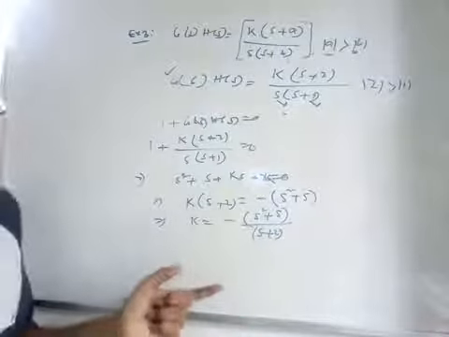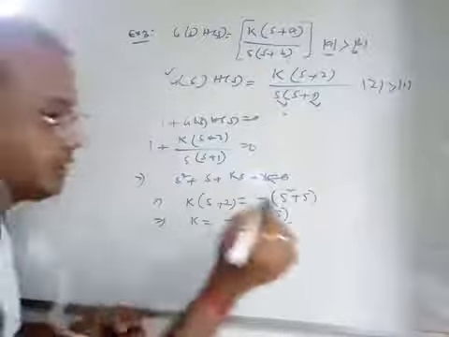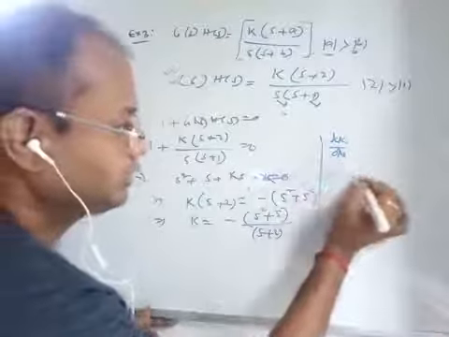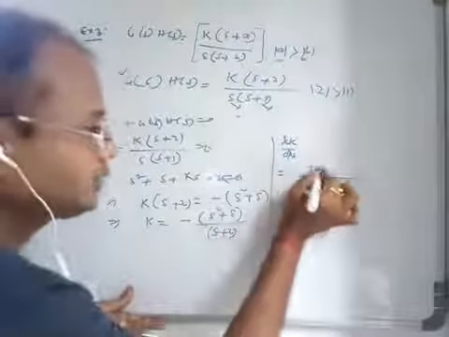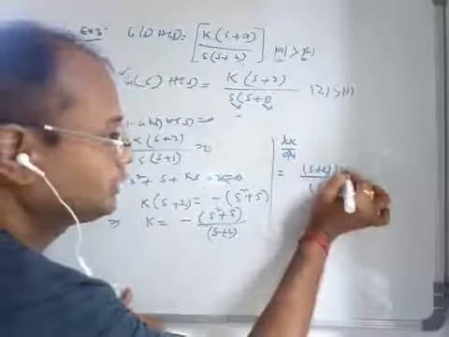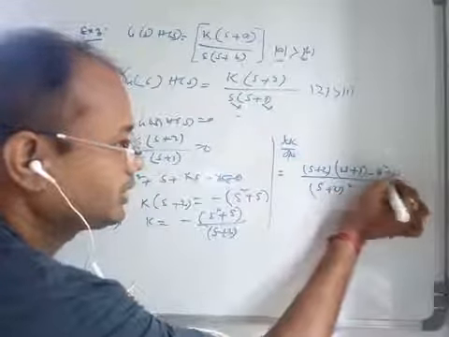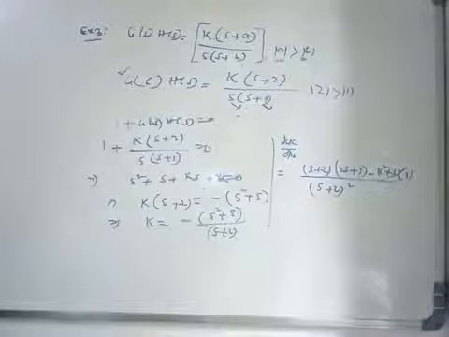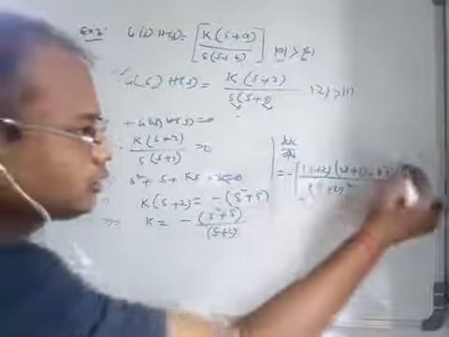So k is obtained. Now you have to get the differentiation of it with respect to s, that means dk/ds. So dk/ds will be equal to, you see, (s plus 2) square in the denominator, and numerator (s plus 2) into (2s plus 1) minus (s square plus s) into 1, and this is all with a minus sign.